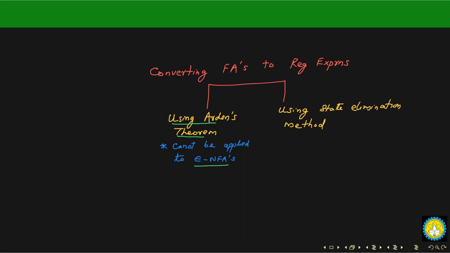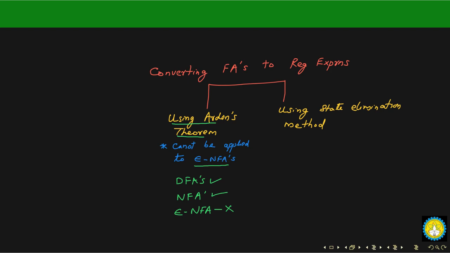So you can apply Arden's theorem only for DFAs and NFAs. Whereas if you are given an epsilon NFA, you cannot apply Arden's theorem to convert it into a regular expression.